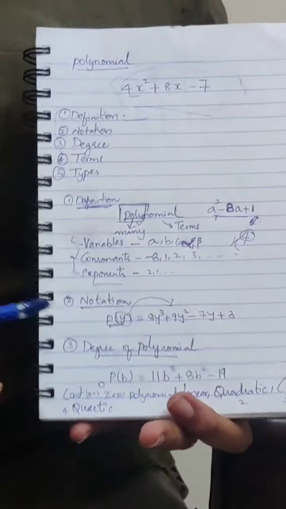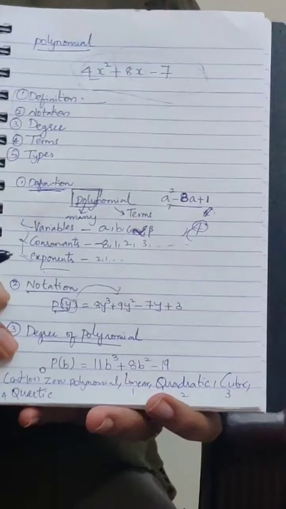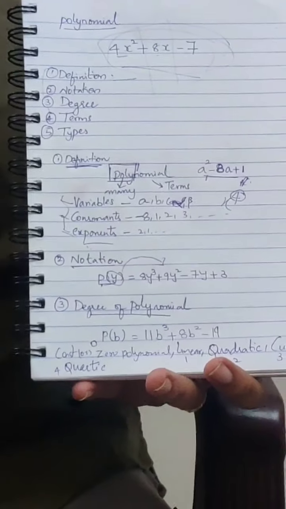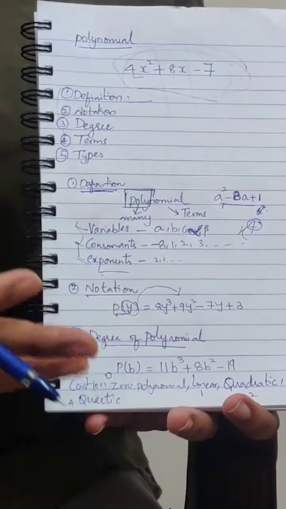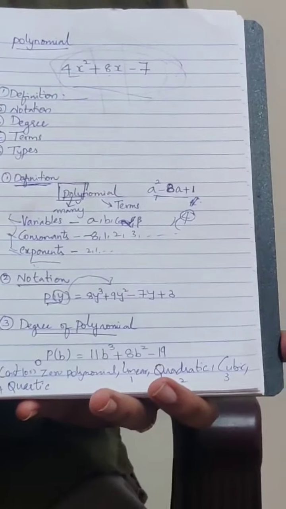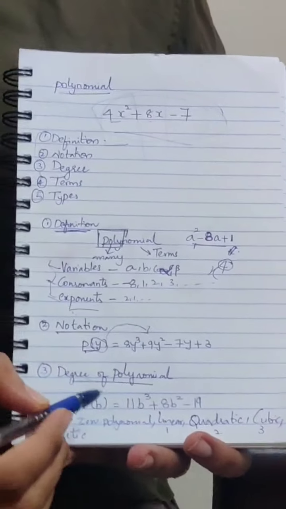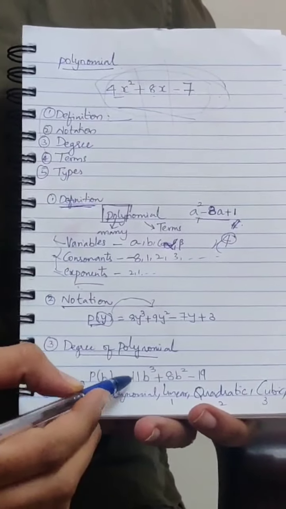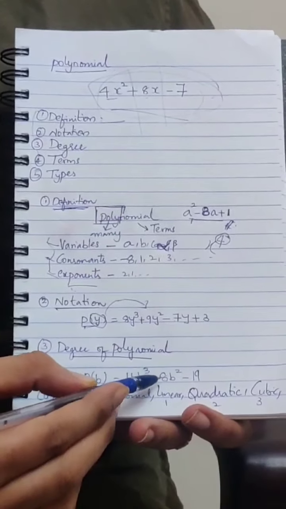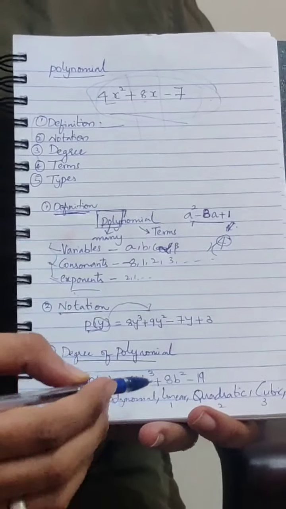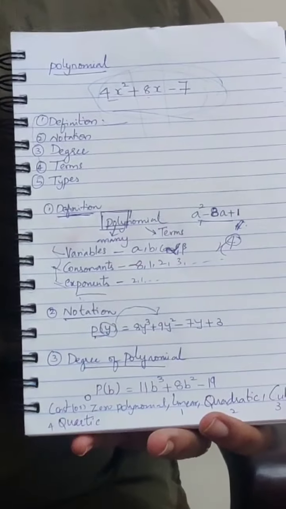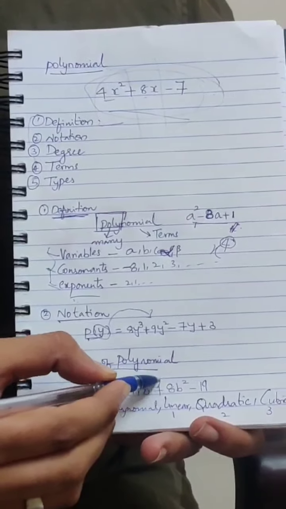Next part is the degree of a polynomial. As I said, a polynomial has an exponent part. What is the degree of a polynomial? If you look at this expression, p of b is equal to 11b cube plus 8b square minus 19, what is the highest power here? 3 is the highest power.